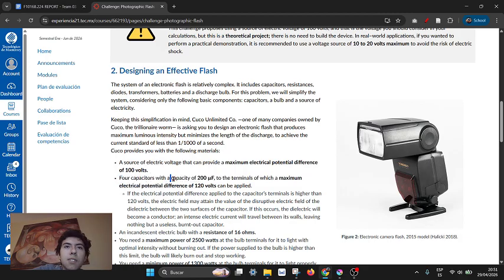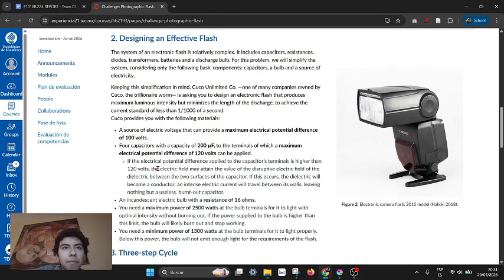Four capacitors with a capacity of 200 microfarads are given to us, and they can support a maximum electrical potential difference of 120 volts. That's okay because our maximum potential difference is 100, so we don't need to worry about that.